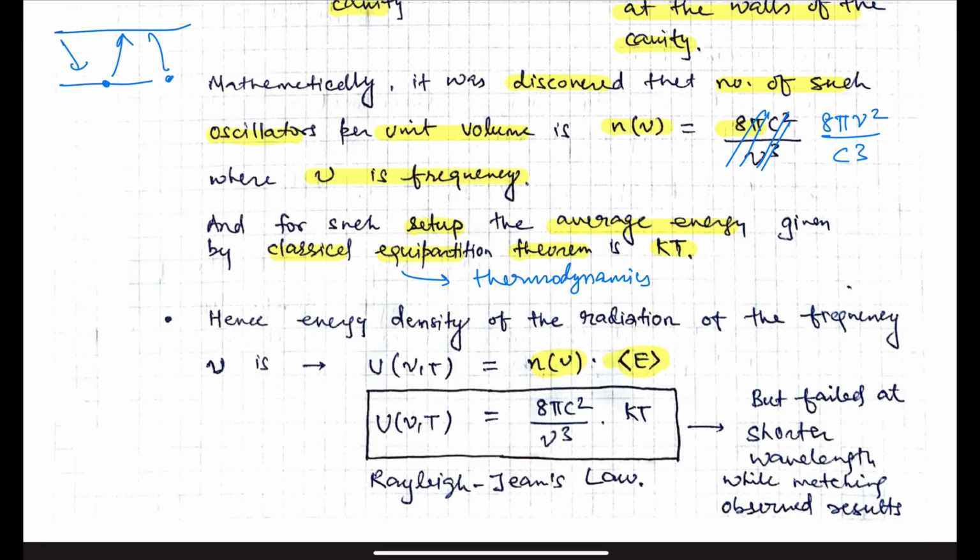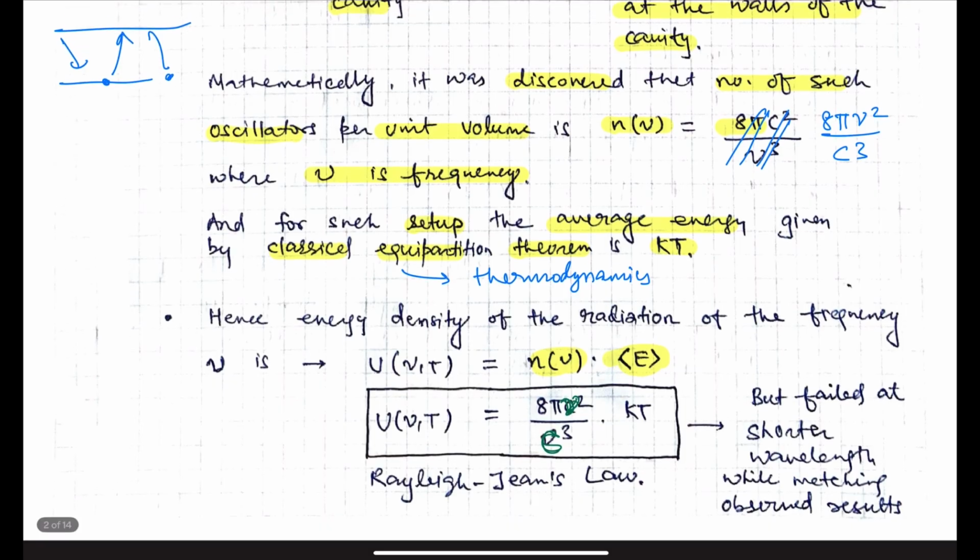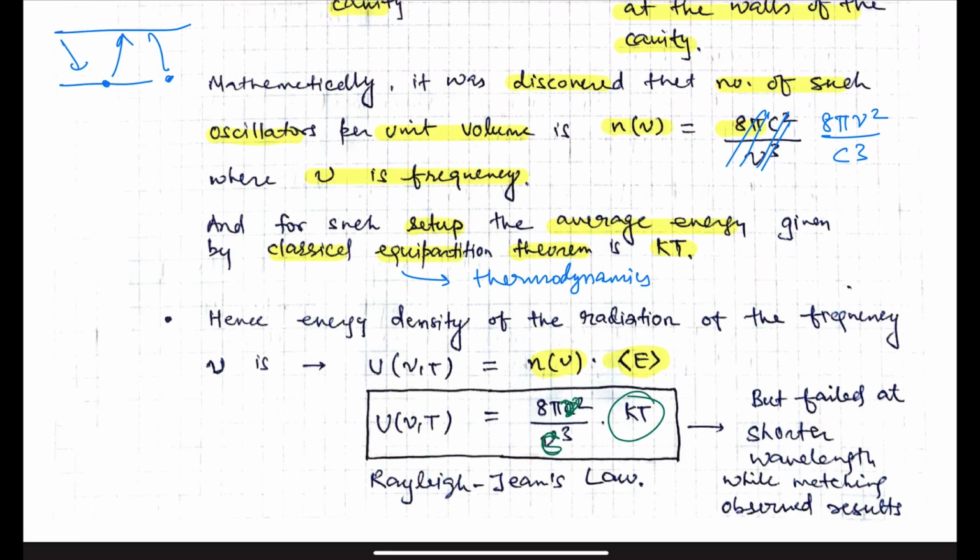Again I have written it wrong here, so let me correct it: it is nu square and c cube. So the energy density is directly proportional to the frequency squared, and since it is k times T, it is also directly proportional to the temperature.